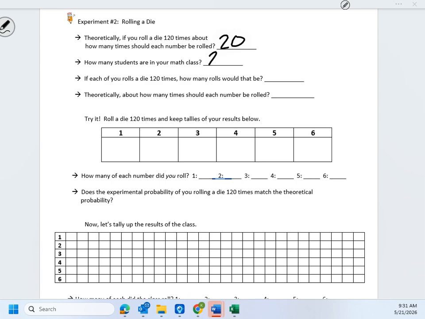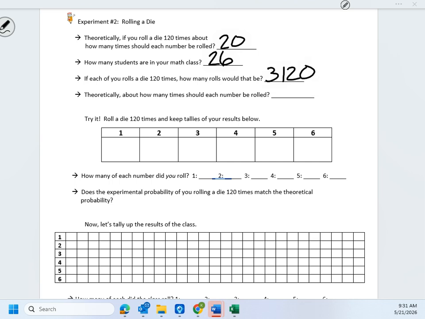Now, like I said, we have 26 now since Maddie joined us. So if each of us rolls a die 120 times, how many rolls would that be altogether? What did you get, Rhoda? 3,120.